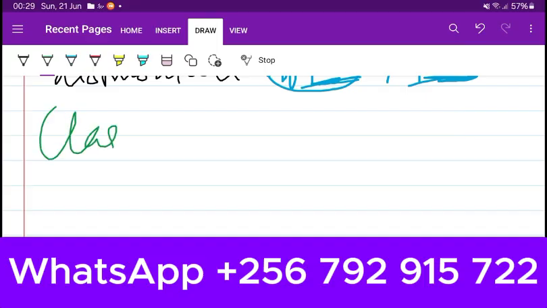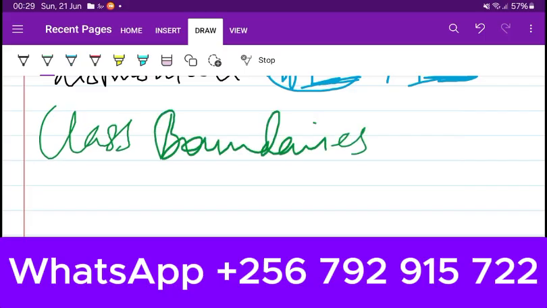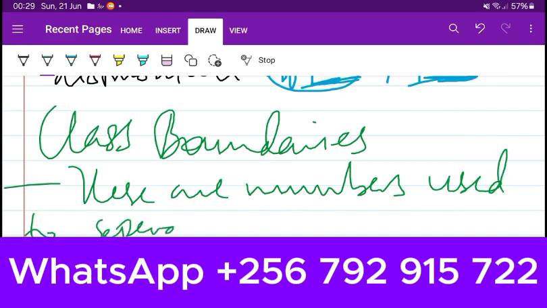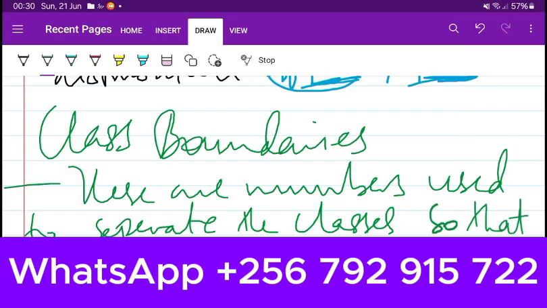Class boundaries, of course, these are numbers used to separate the classes so that there are no gaps in the frequency distribution.